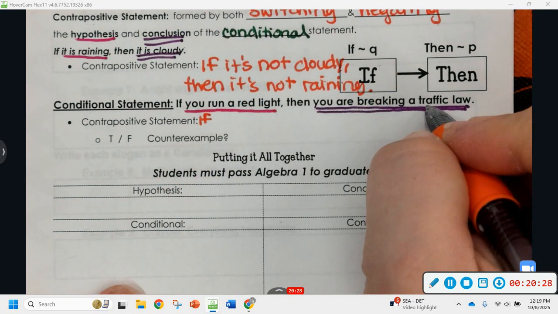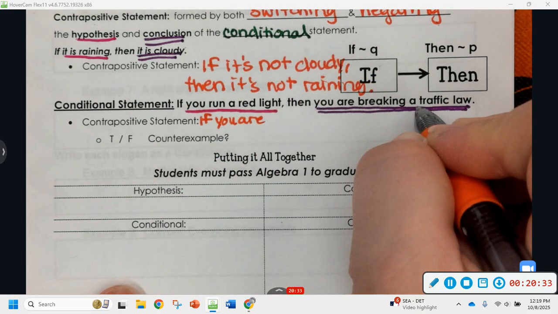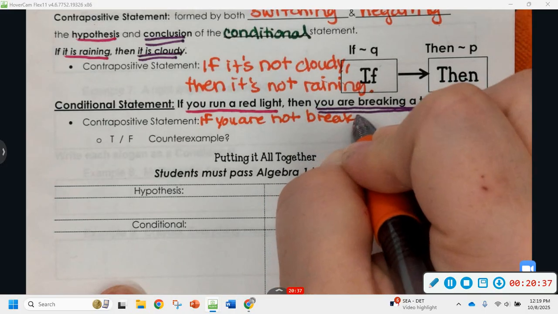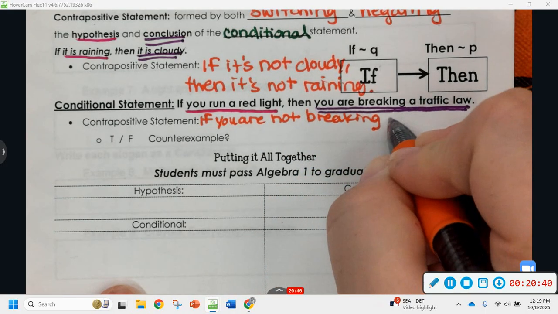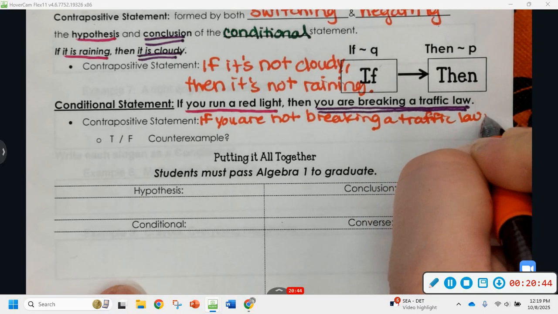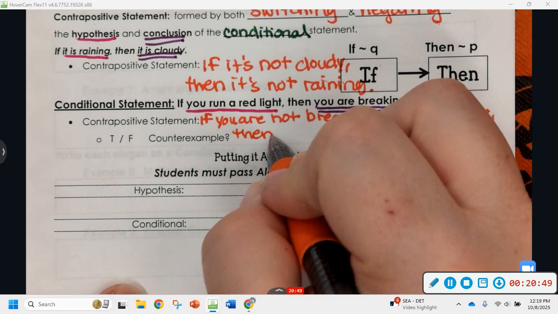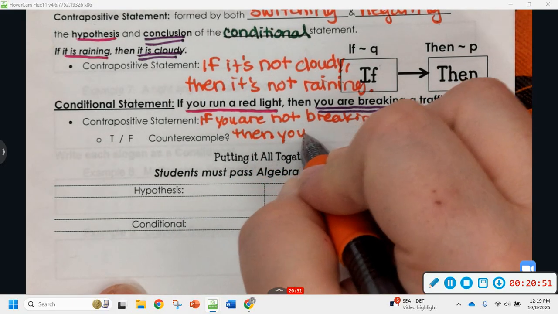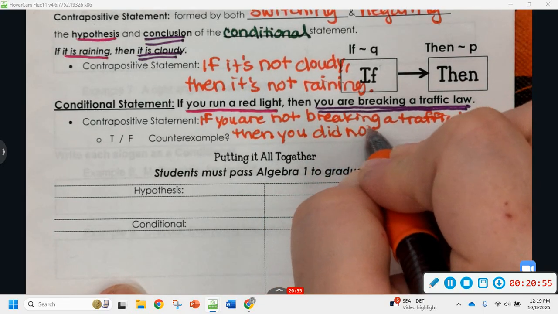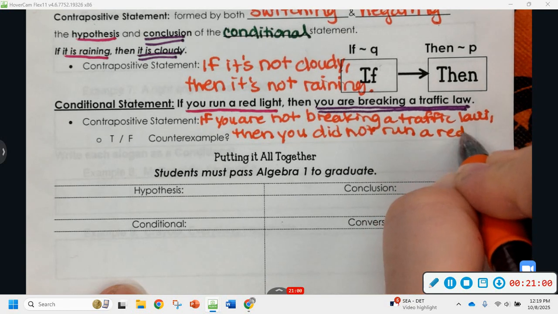So if you are not breaking a traffic law, then you did not run a red light.